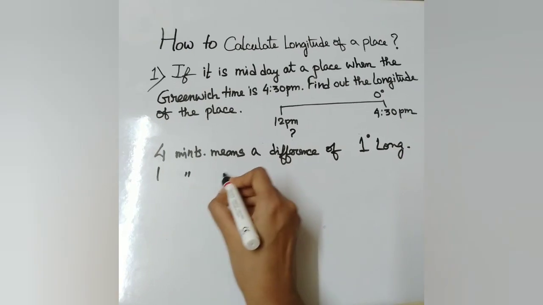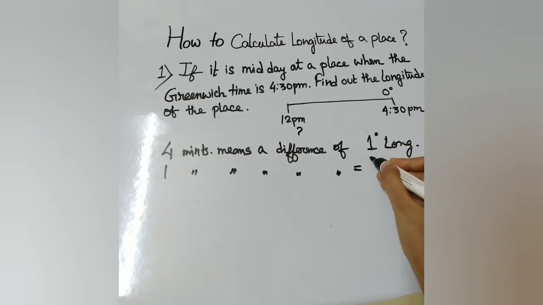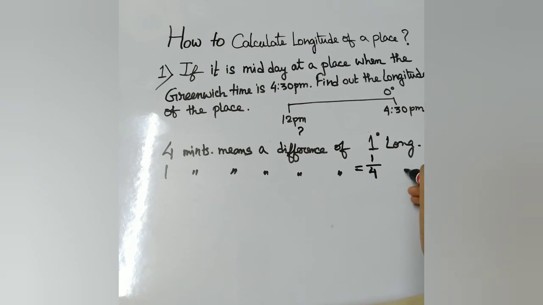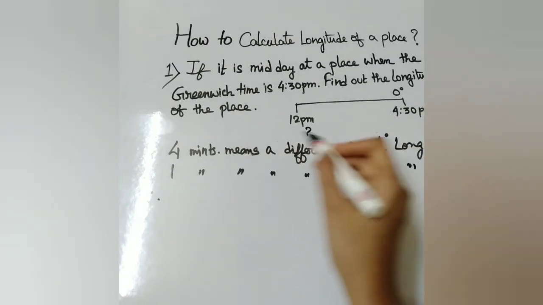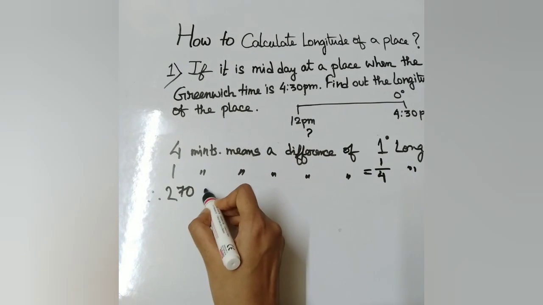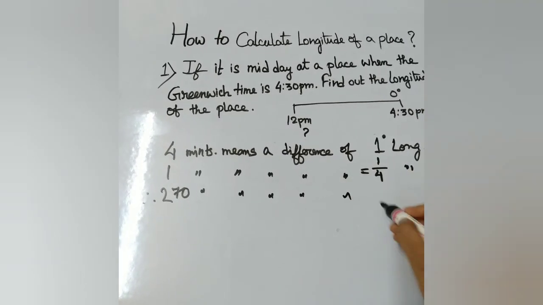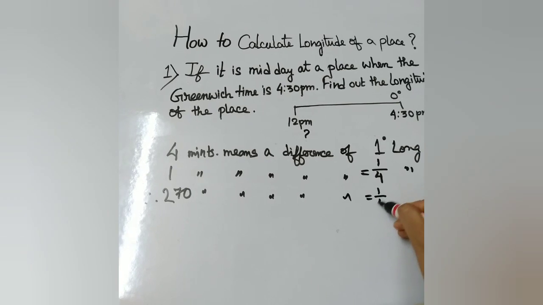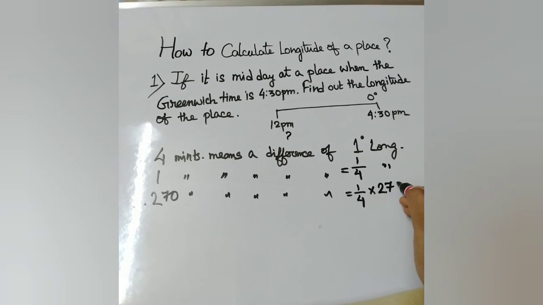Next, 1 minute means a difference of 1/4. Therefore, 270 minutes means a difference equal to 1/4 into 270.